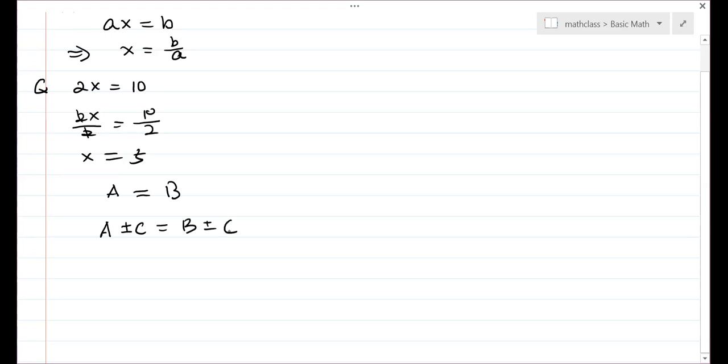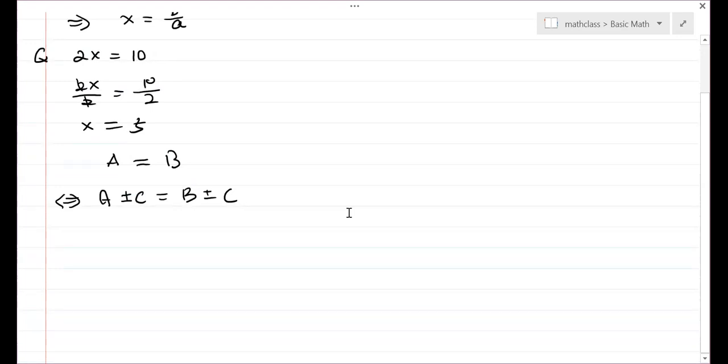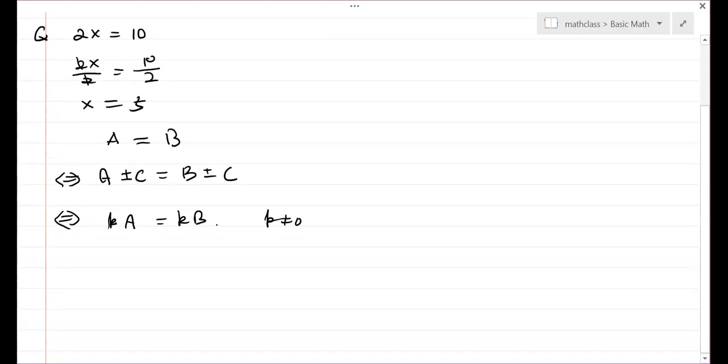So you do not change the equation essentially. Okay, so this is important. But you can also multiply both sides by the same number: kA equals kB, and k cannot be 0. Those are the basic ideas we're going to use.